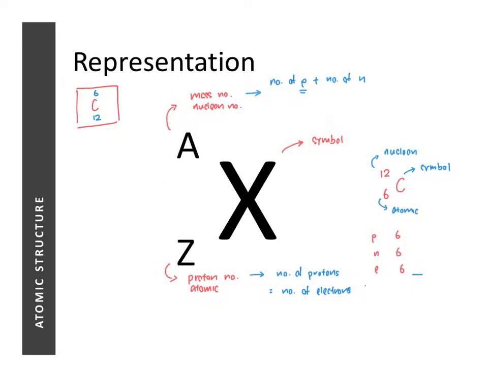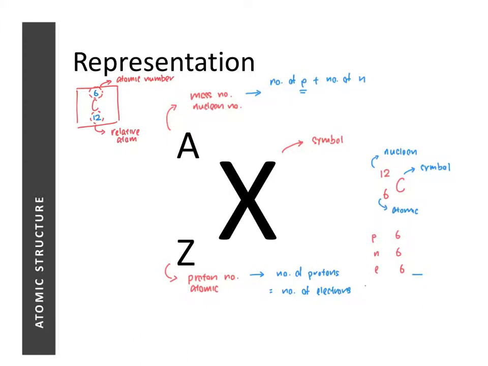Why do I say that? Yes, in the periodic table, the smaller number that you see is also the atomic number. But the larger number that you see is not the mass number, not the nucleon number. It is what we call the relative atomic mass.